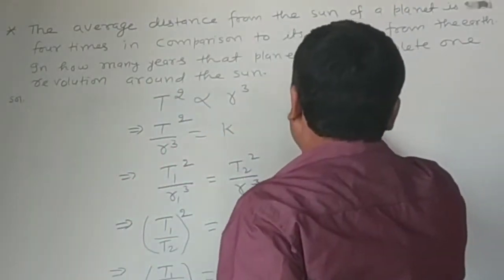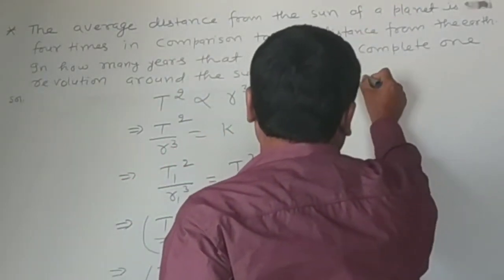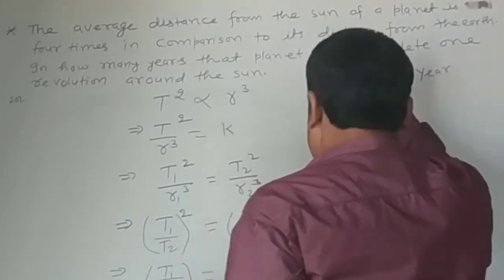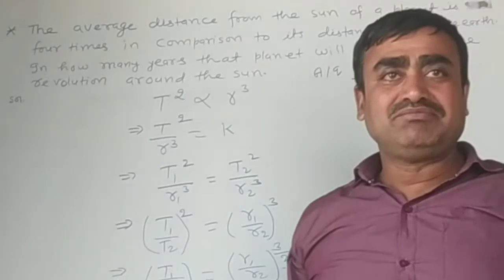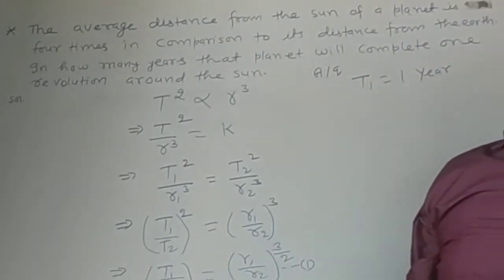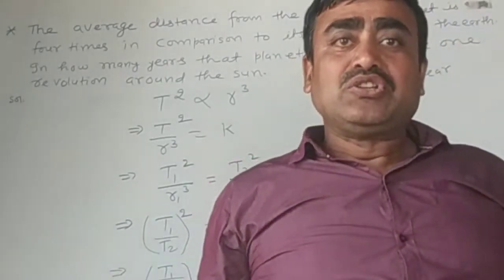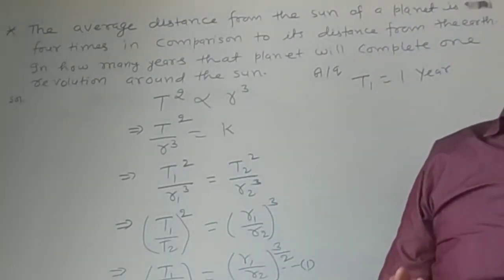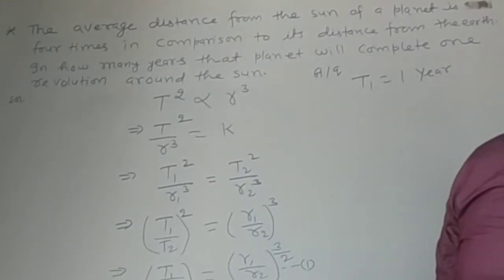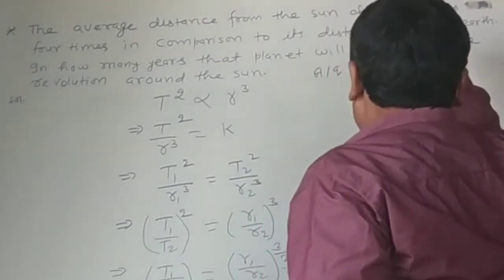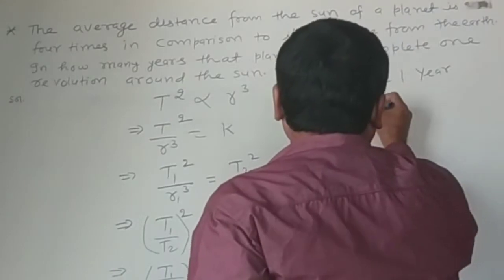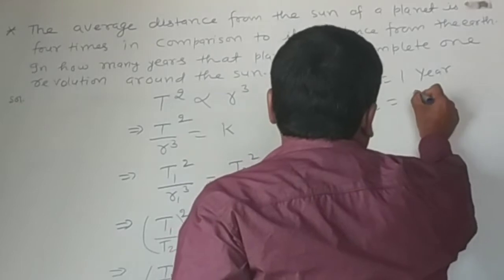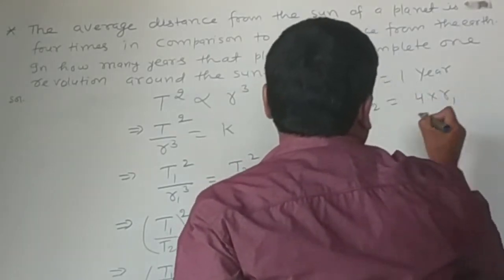According to the question, T1 is equal to 1 year. How much time does our earth take to complete one revolution? Yes, 1 year. And R2 is equal to 4 into R1.